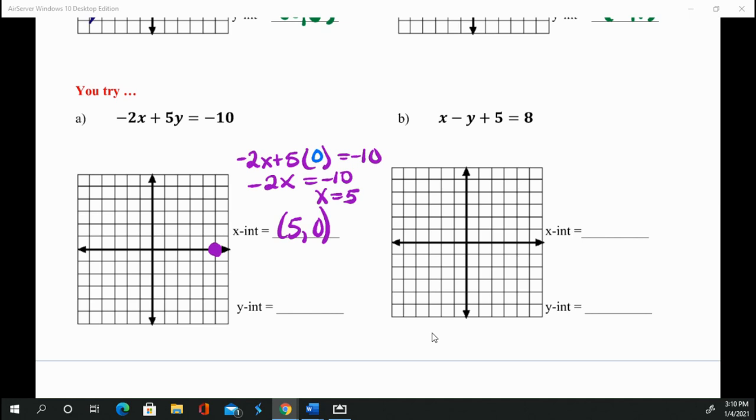Find the y-intercept, substitute x equals 0, then solve for y. Plot your 2 points, connect and extend.